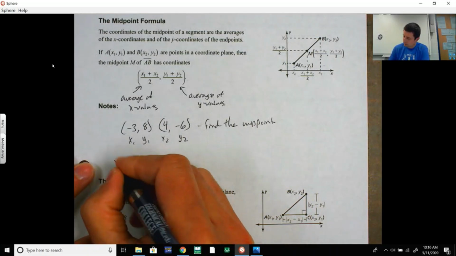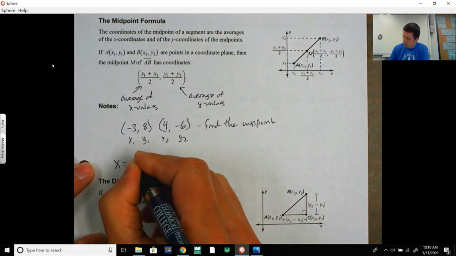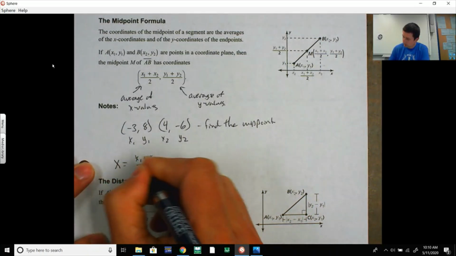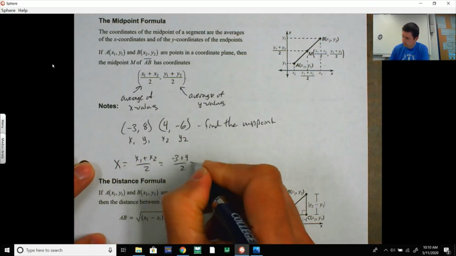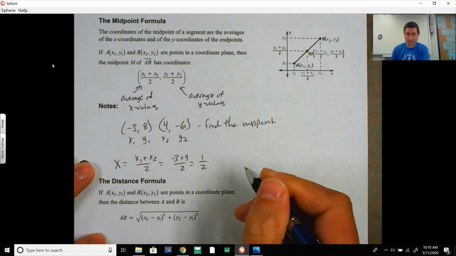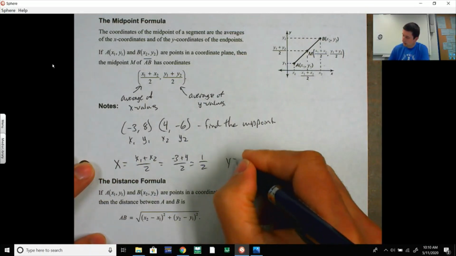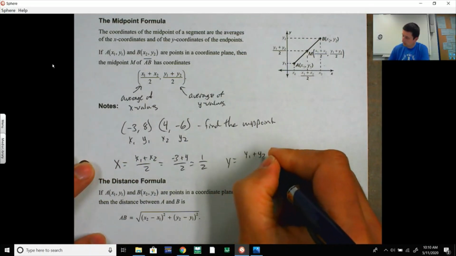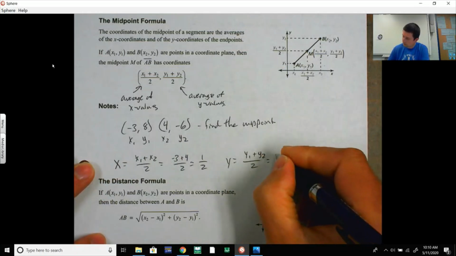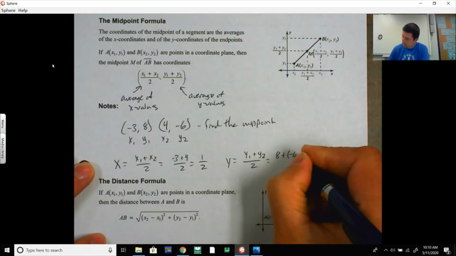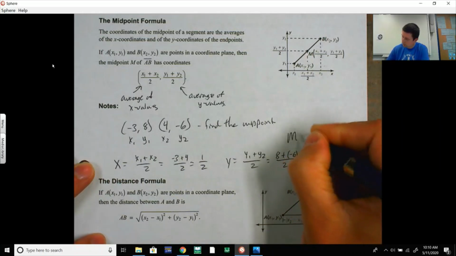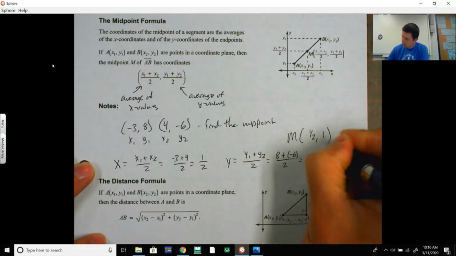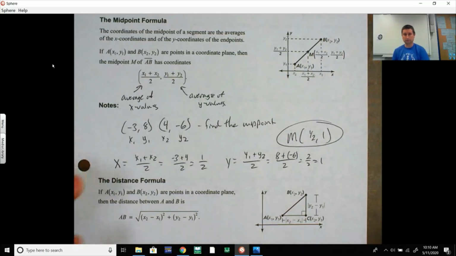Your x midpoint would be x1 plus x2 divided by 2, the average of the x values: -3 plus 4 divided by 2, which is 1/2. Your y would be y1 plus y2 divided by 2, the average of the y's. So 8 plus -6 over 2 would be 2 over 2, which equals 1. So your midpoint M would be 1/2 and 1.